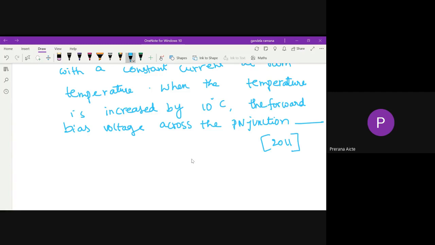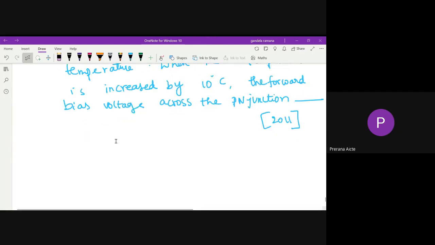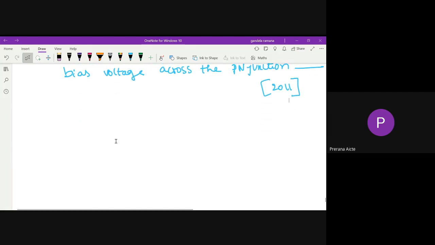So here VD is varying per degree centigrade. How much? In the previous class we discussed: minus 2.5 millivolts per degree centigrade. So VD will vary by 2.5 millivolts per degree centigrade.